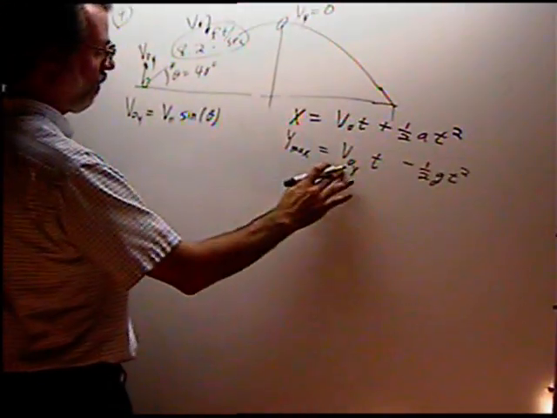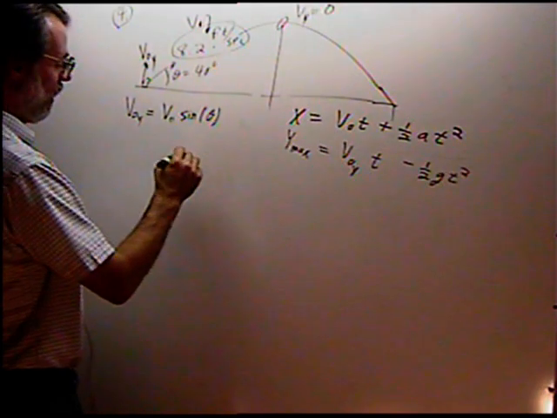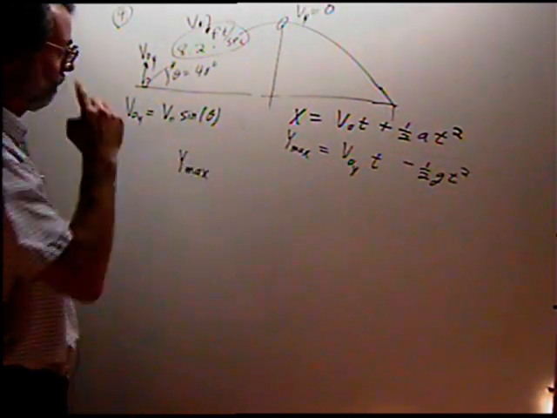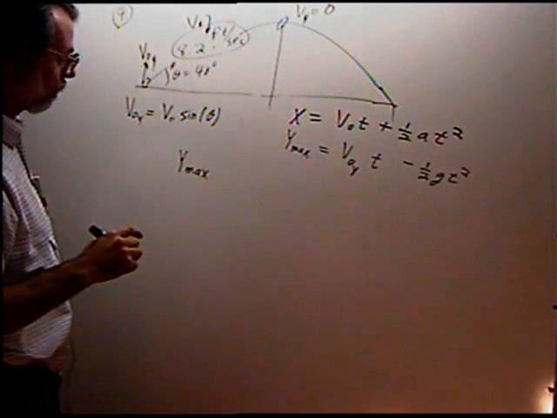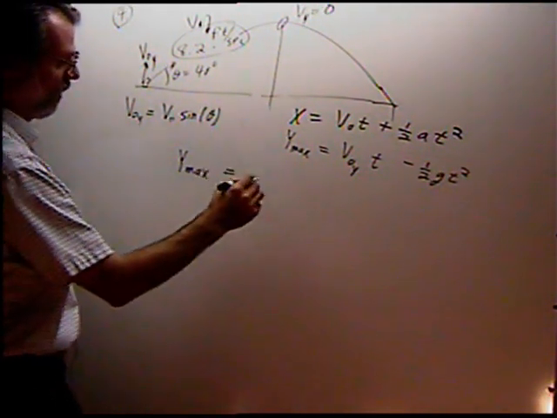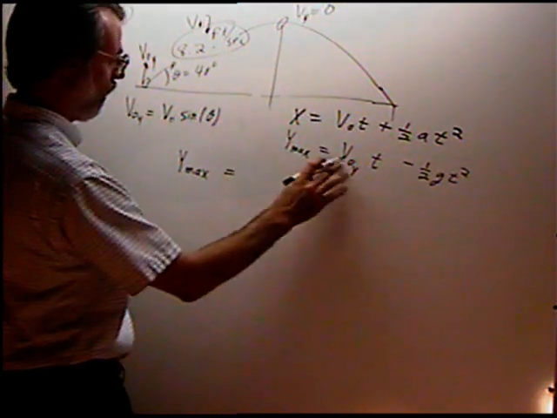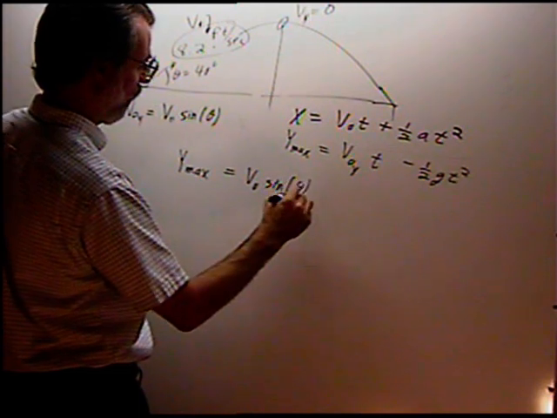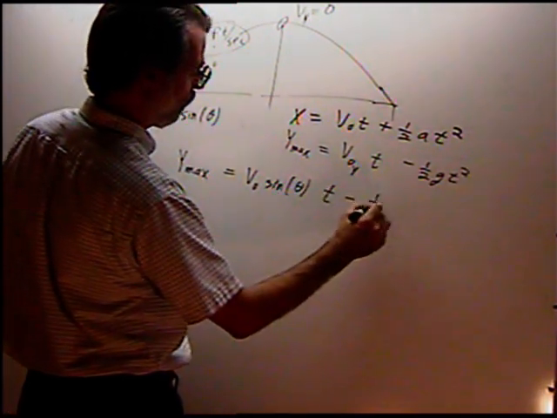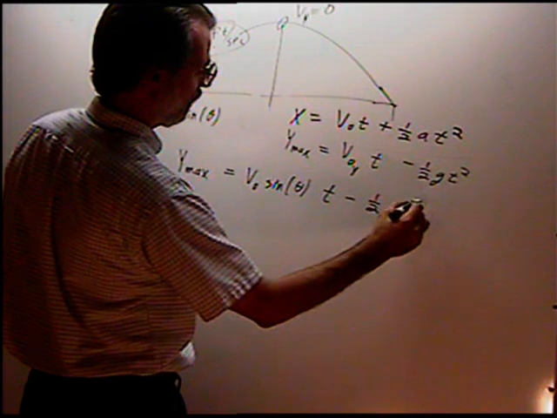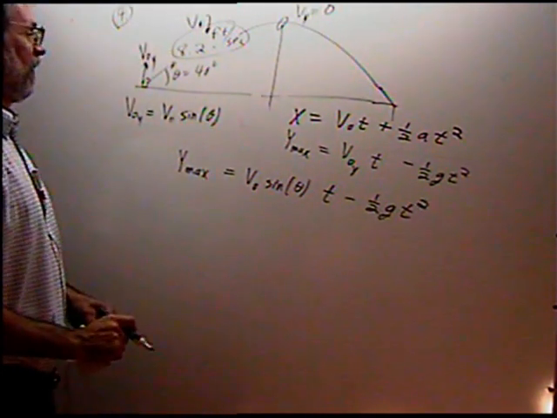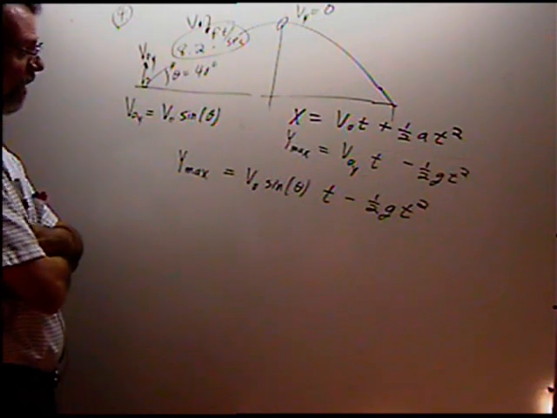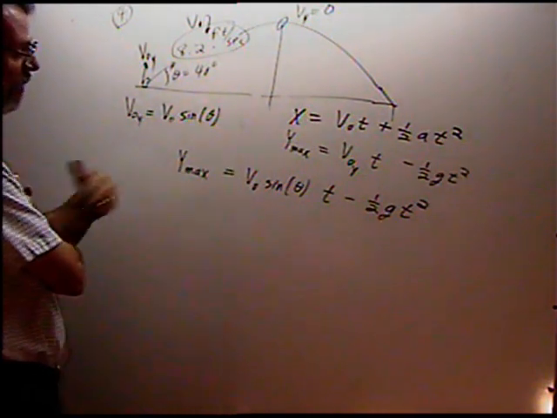Notice that the y component would be v0 sine of theta times t minus 1/2 gt squared. Okay, now one of the problems is we don't know what y max is.